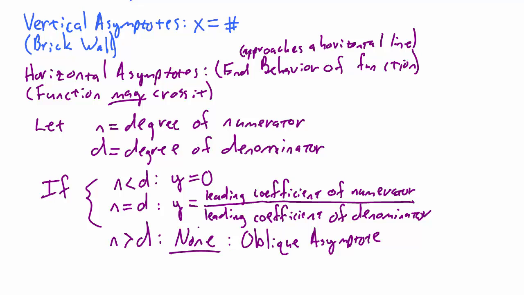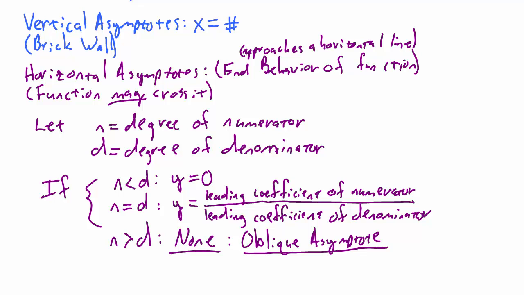But it's not horizontal. Therefore, there isn't a horizontal one. Now, in 1314, we don't cover oblique asymptotes. In 1414, we do. So that's just one of the differences between the two types of classes. Okay, fantastic. So those are horizontal asymptotes.